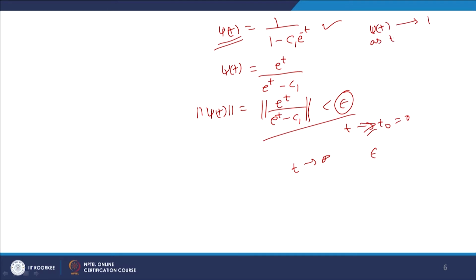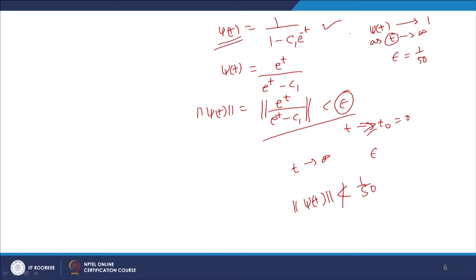So if I choose epsilon very small, say 1 upon 50, then I can find a suitable time t such that the norm of psi t is not less than 1 upon 50, right.